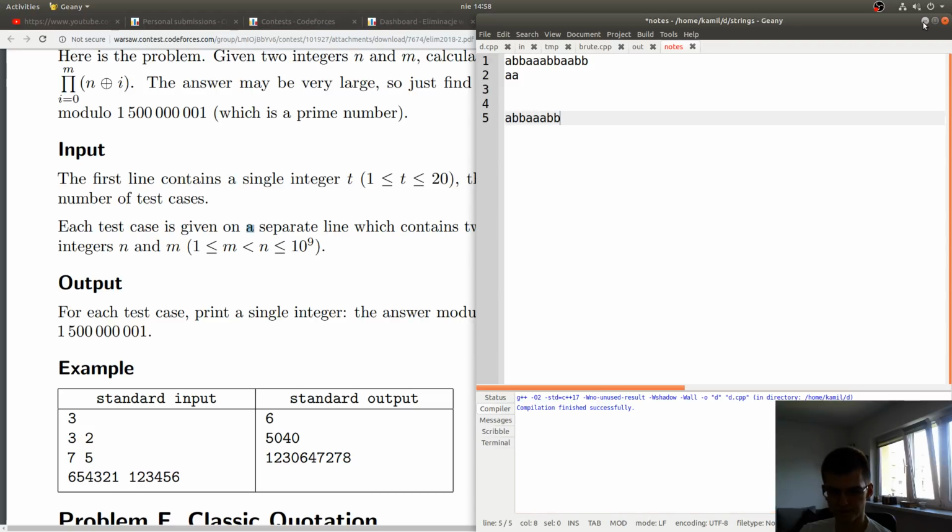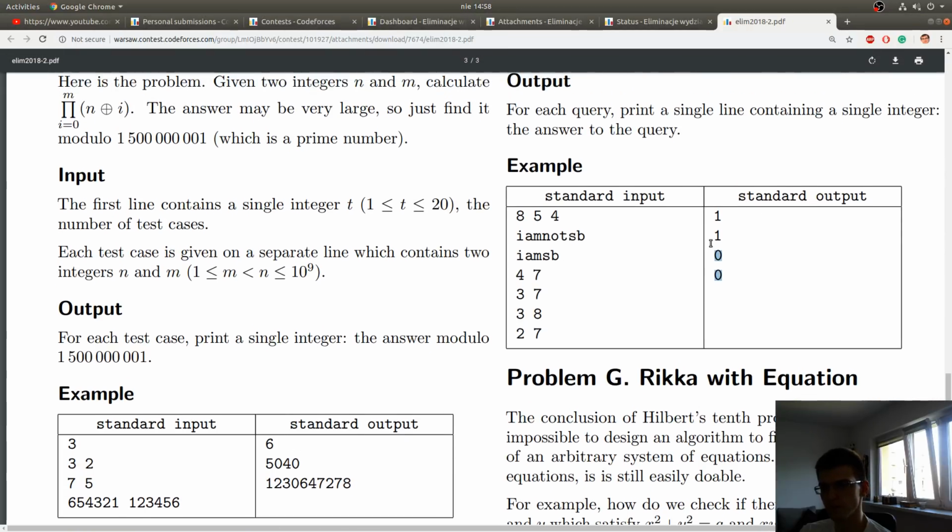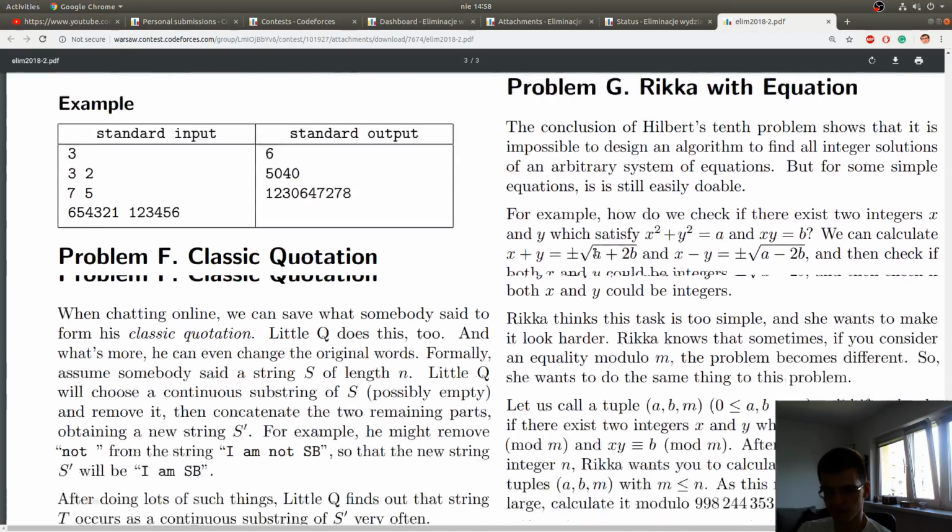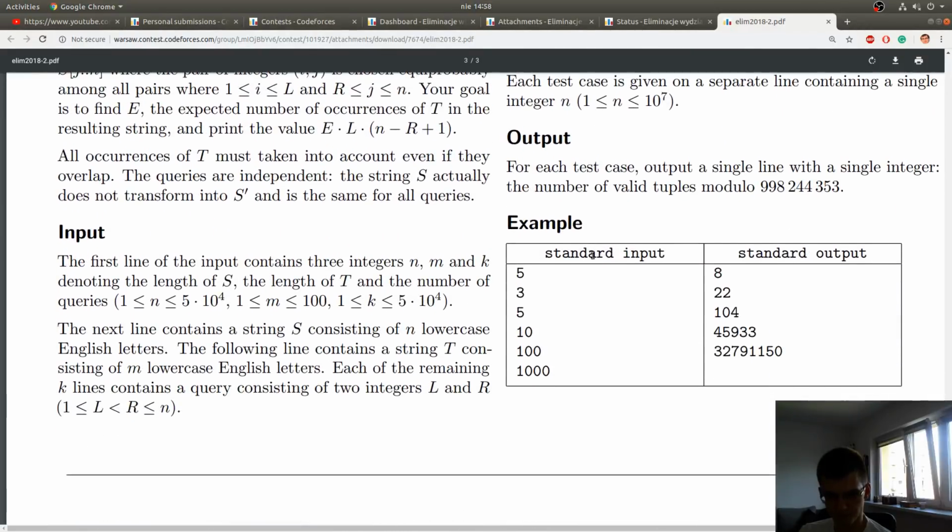Okay, back to the problem. How to solve this problem? The constraints once again were a big string of length 50,000, a small string of length 100, and the number of queries 50,000.